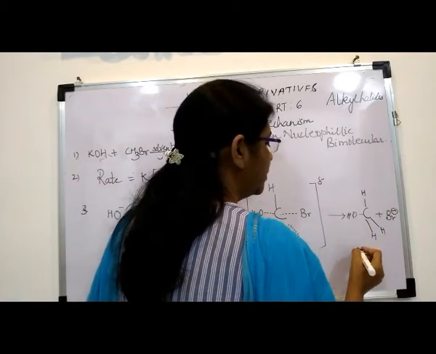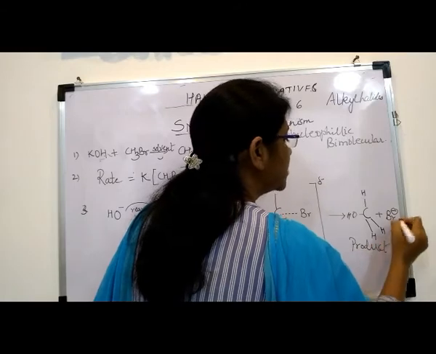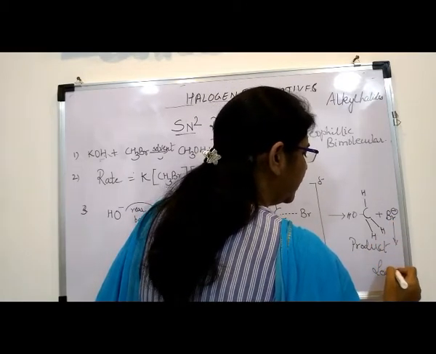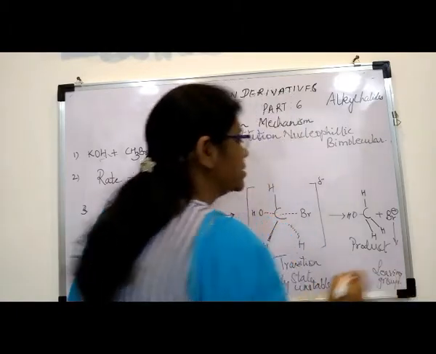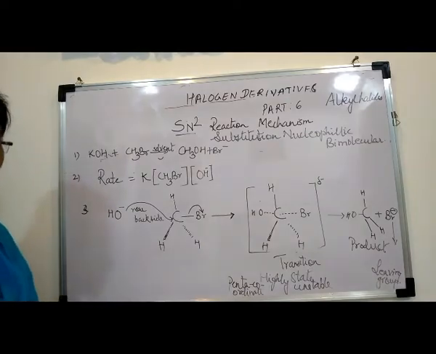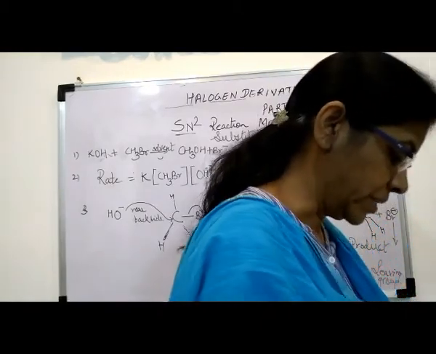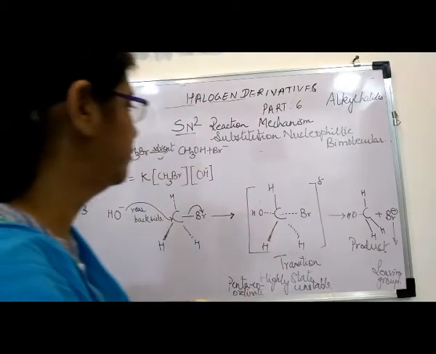What is this called? This is called the product. And what is this? This is the leaving group. Alright, so this is the mechanism of the reaction. Mechanism in short, but I will be explaining it once again.